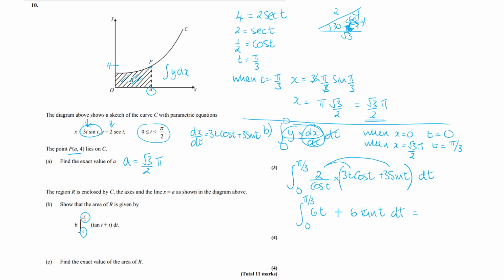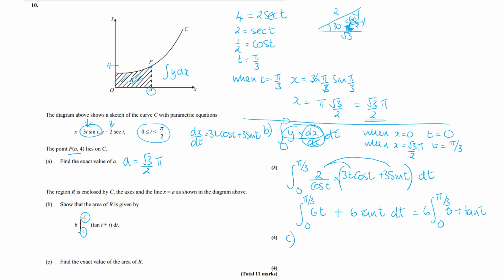So this, just taking a 6 out, is going to be the same as 6 on the front, t plus tan t, which is what we want. Then part C, we've actually got to do that integration.